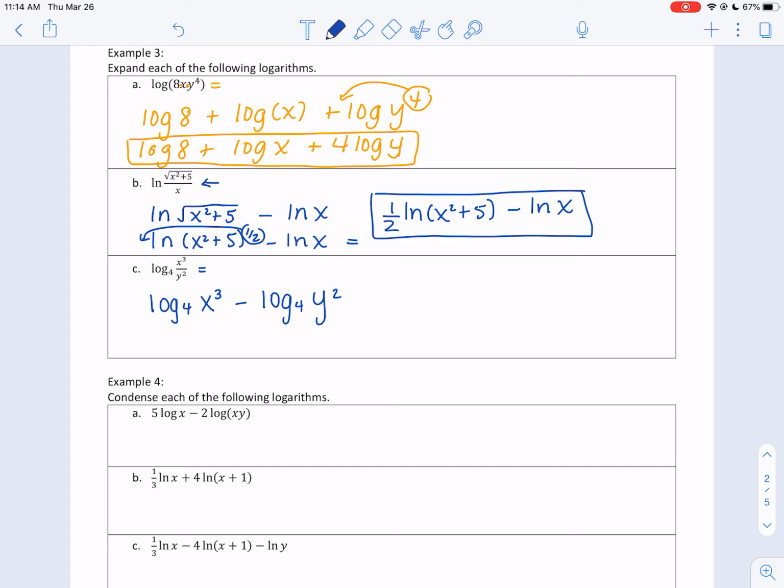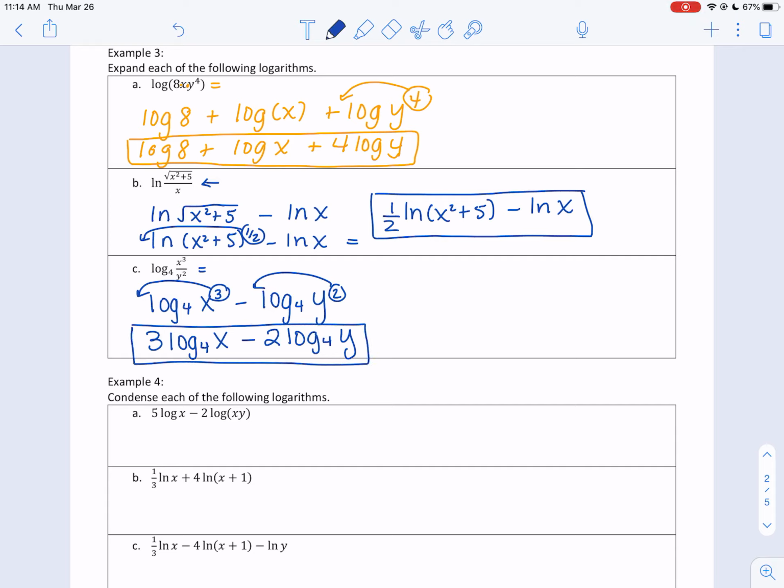The only thing left to do here is to take your exponents and move them out front as a coefficient. This would be like saying 3 log base 4 of x minus 2 log base 4 of y. This would be our final answer expanded. Notice when we're done doing the expansion, there are no exponents on the terms in our logs. They've all been moved to the front as coefficients.